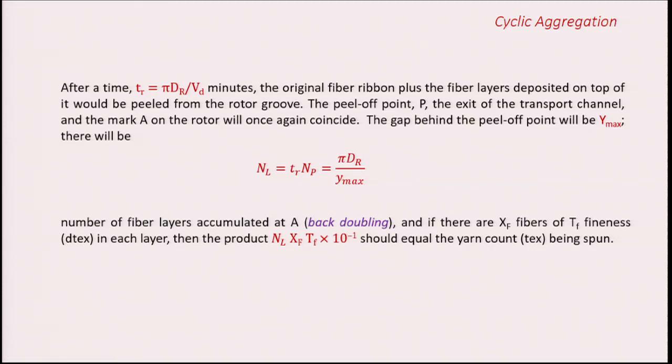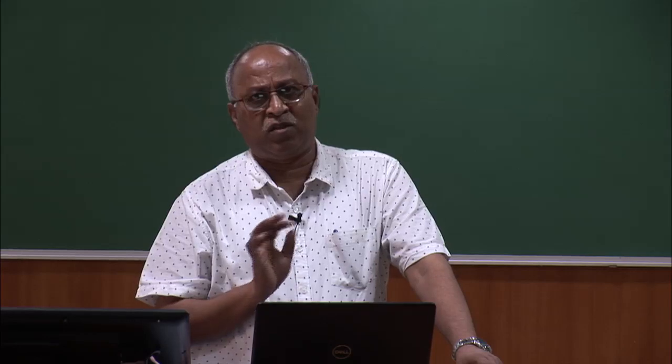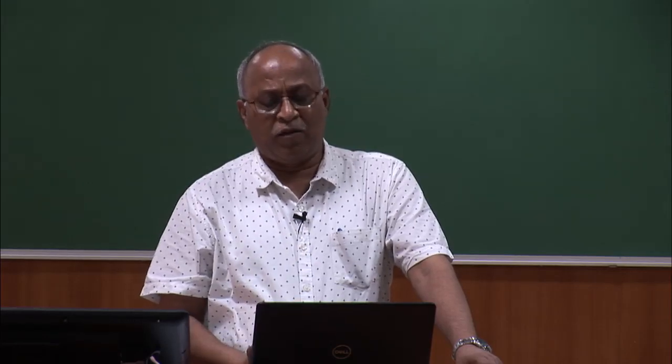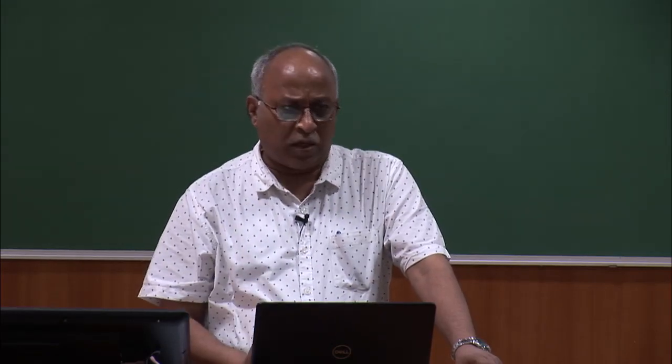So the number of layers, the number of fibers in each layer, and the fineness of the fiber are the three important parameters; put together they should give the required count.